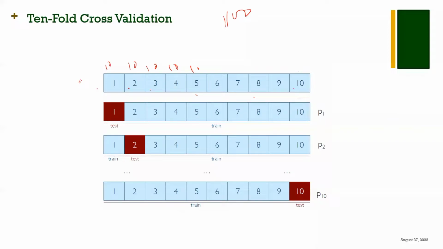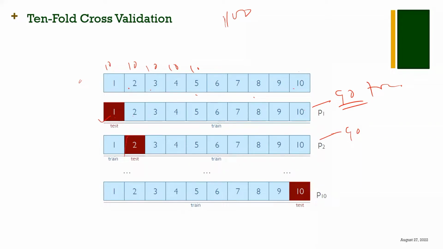Now, when I'm building my model, I will use the data from fold 2 to fold 10, adding all of them together, which is 90, for training, and I test it using only the one remaining fold. Next stage, I'll train another using another 90, but this time around fold 2 is part of the training.